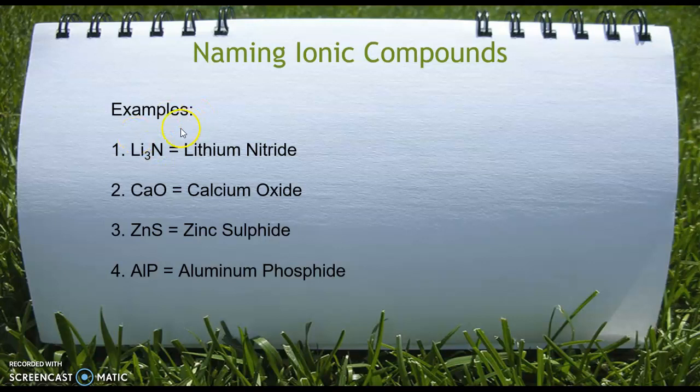For instance, in lithium nitride, we have 3 ions of lithium and just 1 ion of nitrogen. So why is that, and how is it possible for us to predict the formula of an ionic compound? Because it seems that we don't just stick the symbols together. Okay, so let's see how we will do this.